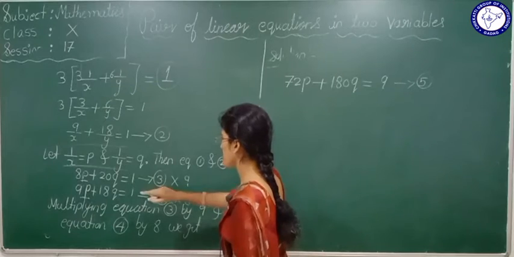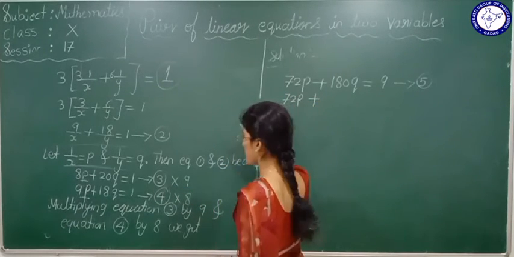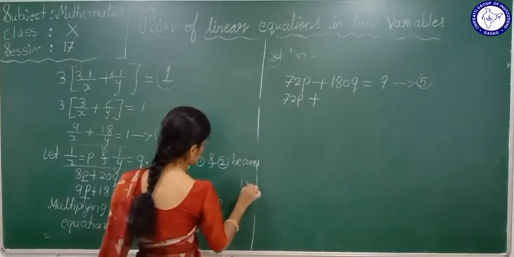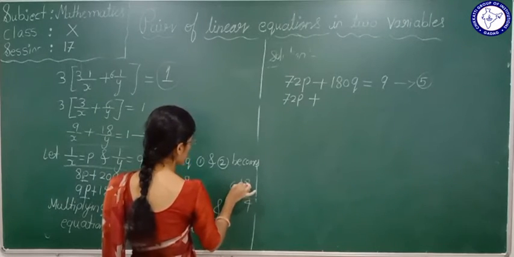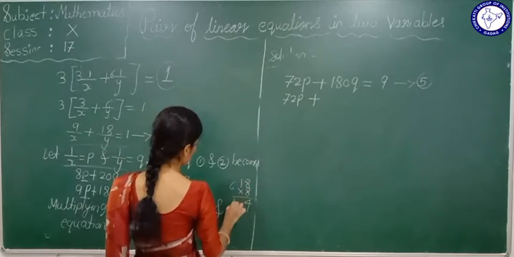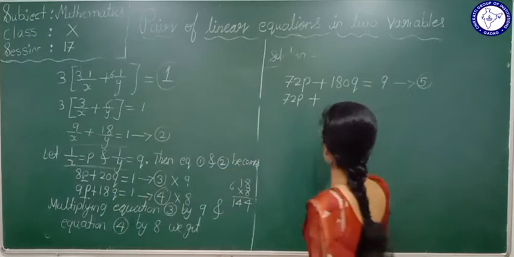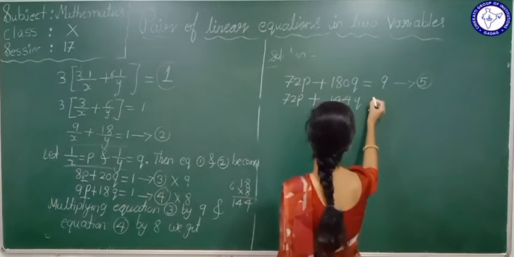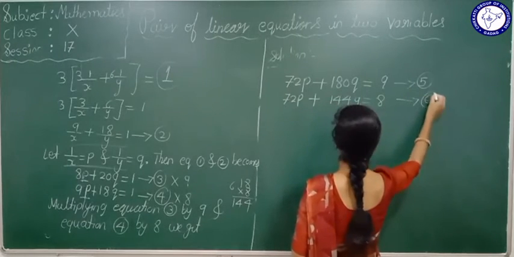It will become 8 9s is 72p plus 18 8s are, what is 18 8s, students? 8 8s are 64, 8 1s are 8, 8 plus 6 is 14, it will become 144q is equal to 8. Call this equation number 6.